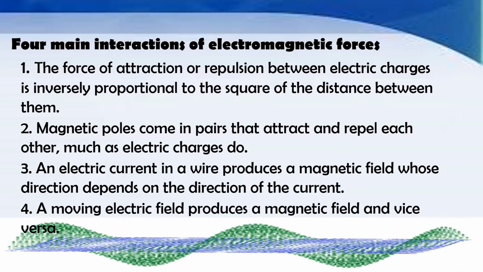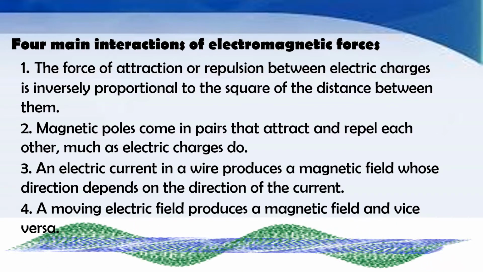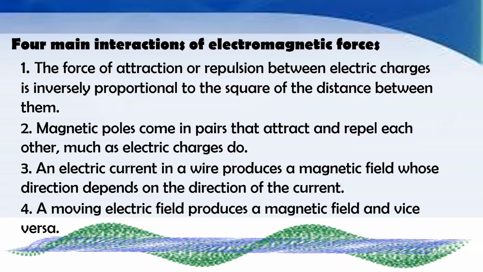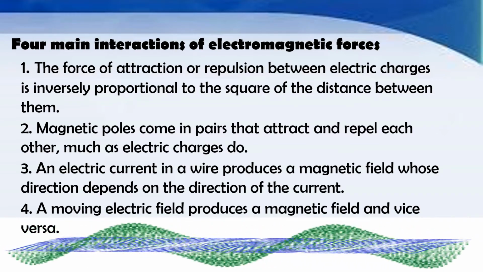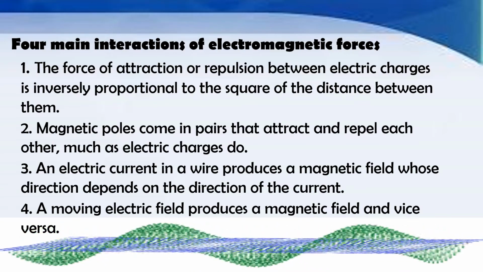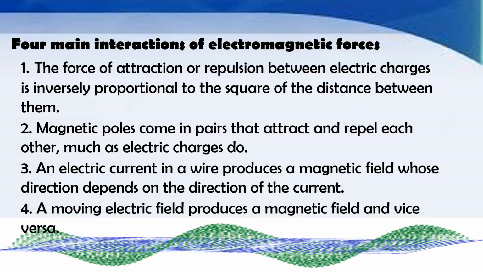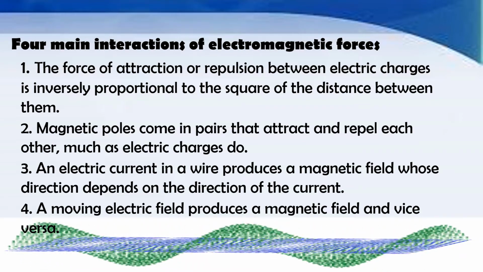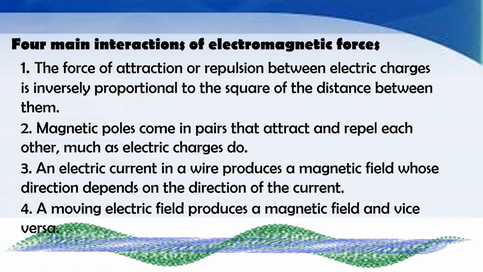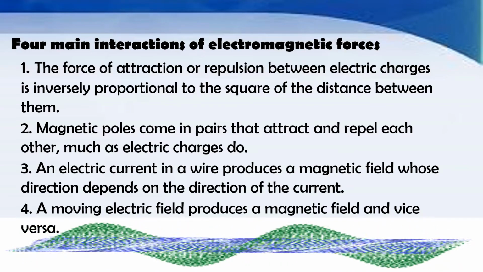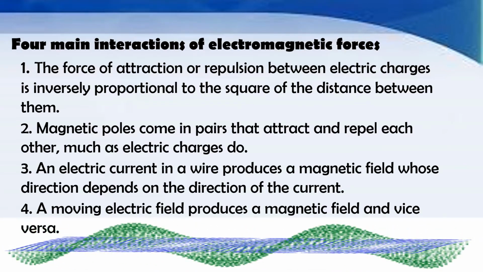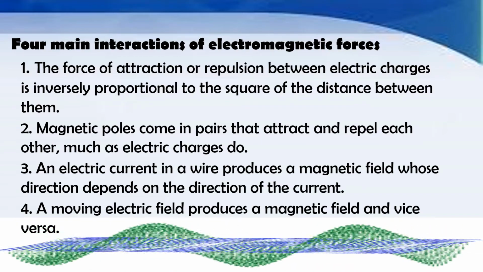First, the force of attraction or repulsion between electric charges is inversely proportional to the square of the distance between them. Second, magnetic poles come in pairs that attract and repel each other as much as the electric charges do.